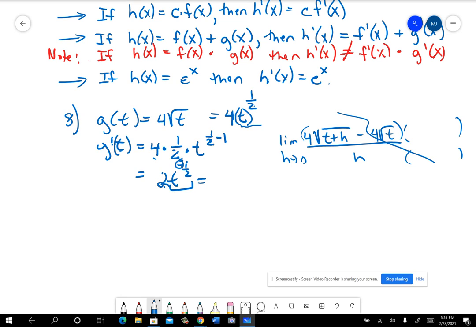Now the 2 is just to the first power. So leave the 2 where it is, but then you can take the t to the negative 1/2. That's 1 over t to the 1/2. And so it turns out to be 2 over the square root of t. Okay, so that's number 8.